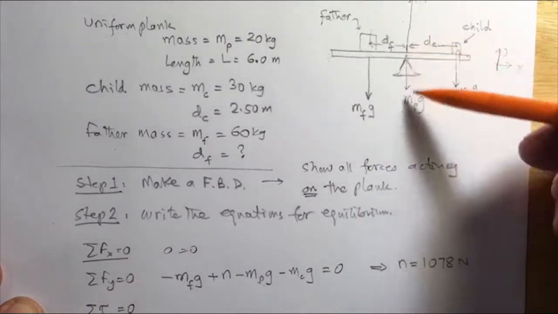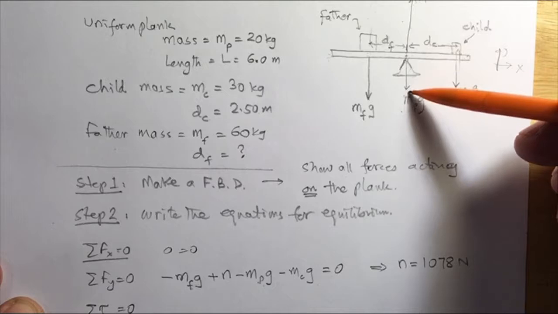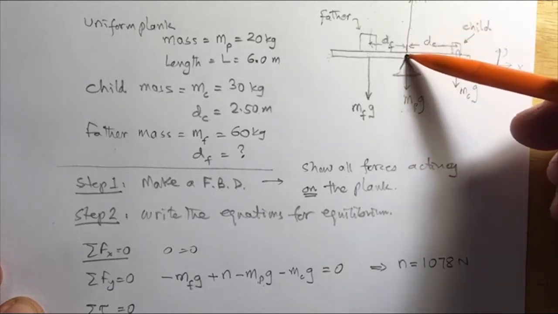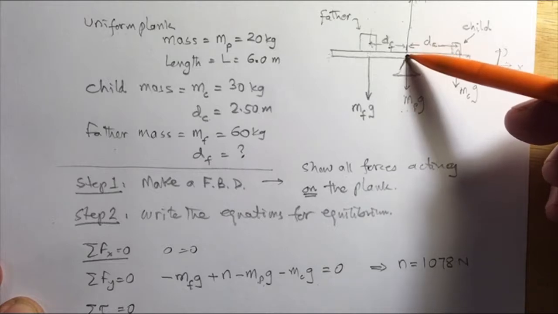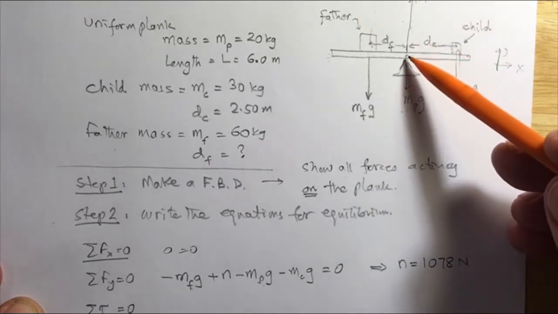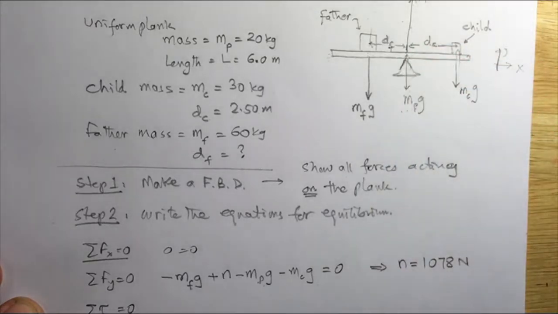And the reason why we take it here is because there are two forces that are passing through here, and the torque due to these will become 0, and so it becomes easier to solve it if you take the torque at a point where the largest number of forces are passing.